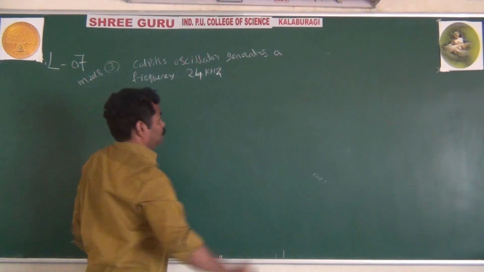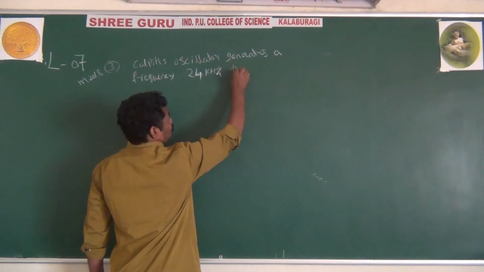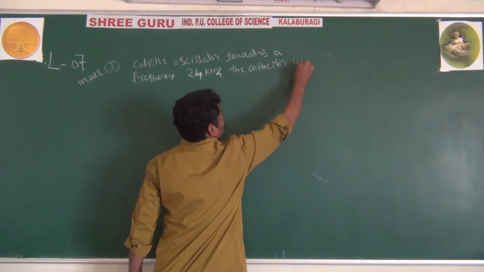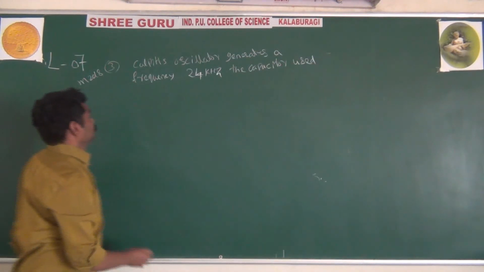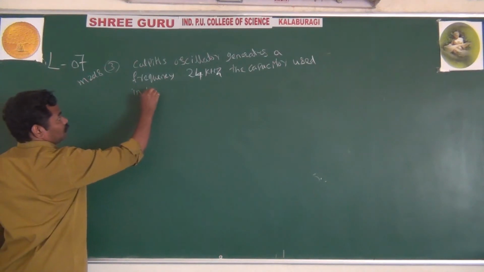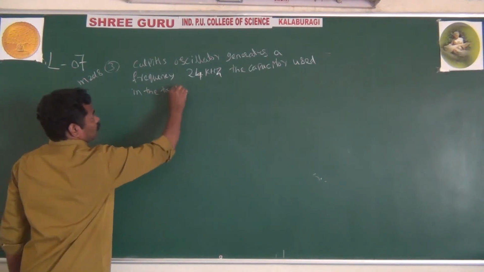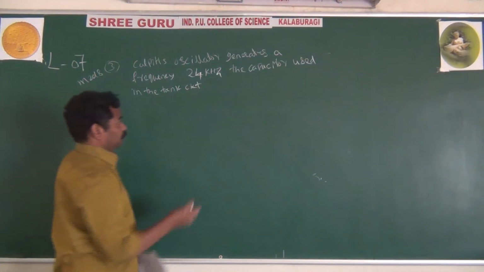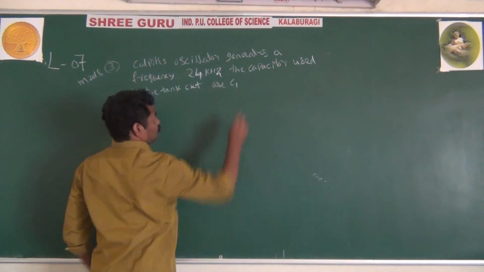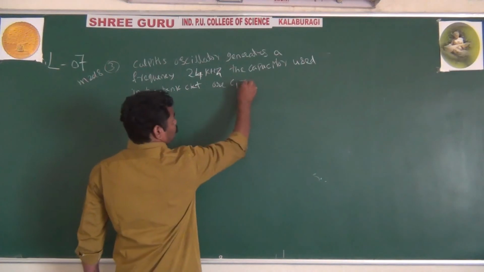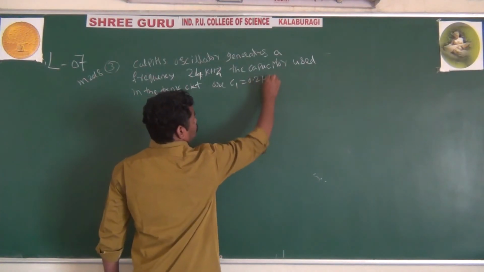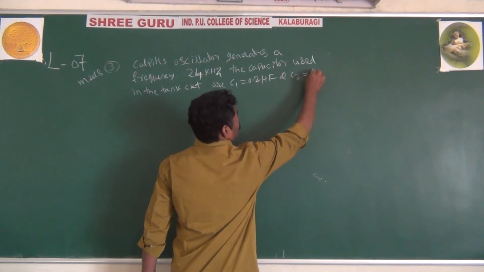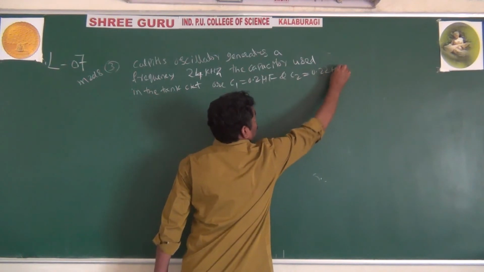And the capacitor used in the tank circuit, they are given C1 equal to 0.2 microfarad, and also they are given C2 equal to 0.22 microfarad.